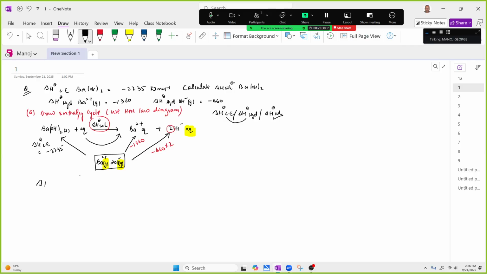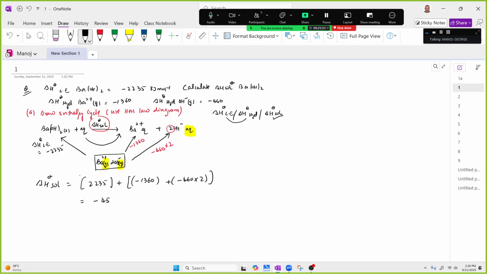So your delta H solution was equal to 2235. It will become positive, plus minus 1360 plus minus 460 times 2 is equal to, you guys said it's minus 45.